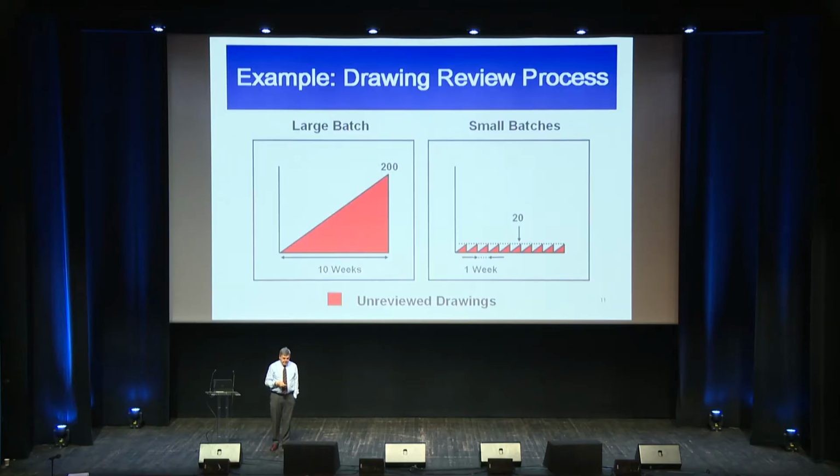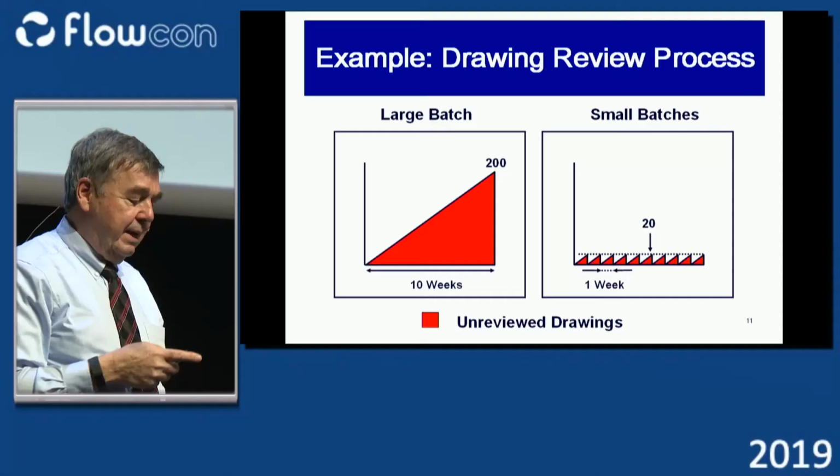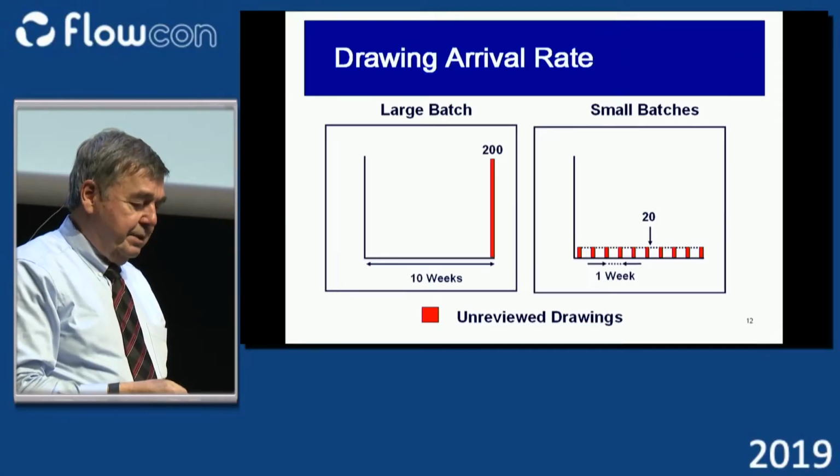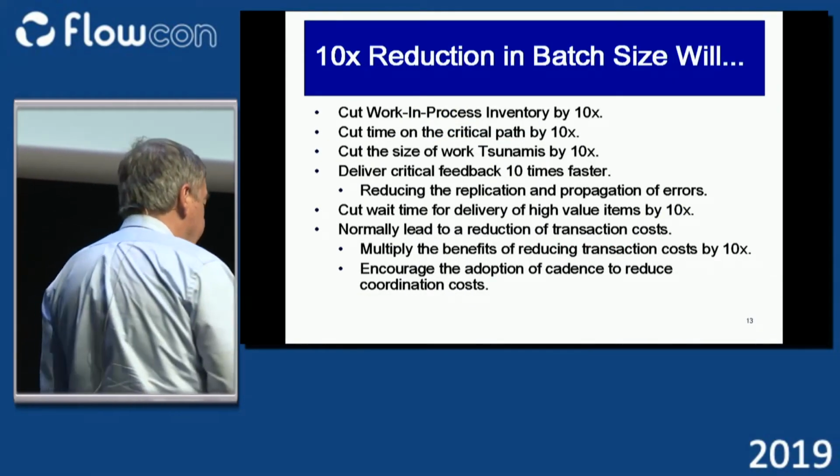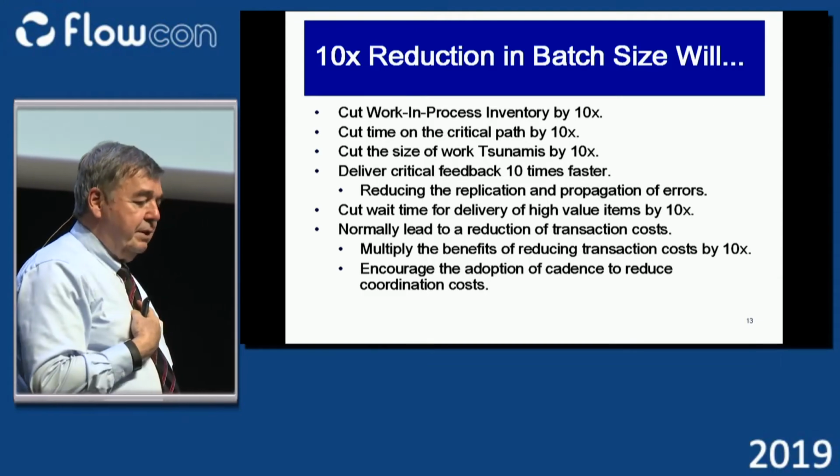Now, why would we want to reduce batch size? I'll put this example up again. I've talked about some of the issues. Let me talk about what would happen if I did a 10x reduction in batch size.